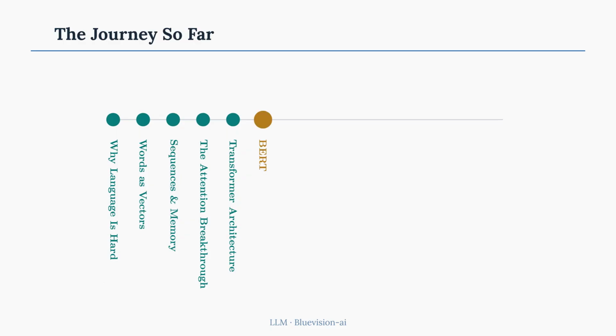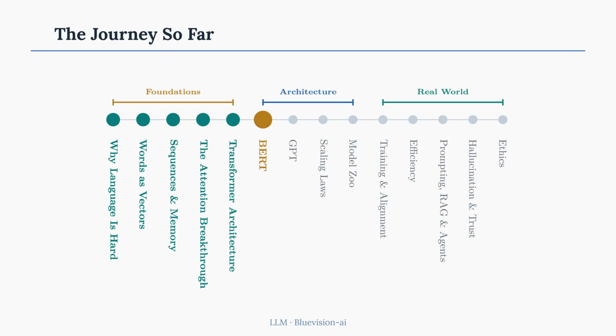Today, session 6, we took the encoder half of that transformer and trained it to understand: BERT, the first model to show that a single pre-trained encoder could reach state-of-the-art on every major language understanding benchmark at once. 8 sessions left. Session 7 is next, GPT, the other half of the transformer story, decoder-only, autoregressive, and capable of something BERT never attempted, generating language.